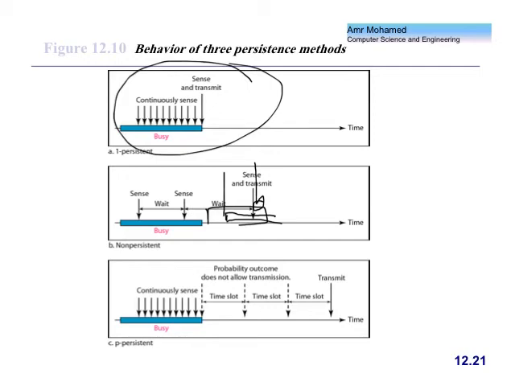But when the channel becomes idle here, we will not send right away. So we will all detect that the channel is idle here. So multiple nodes will detect that the channel is idle here. Okay? But we will not send right away.